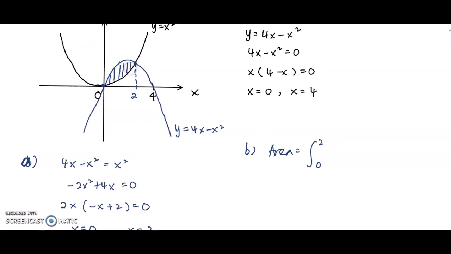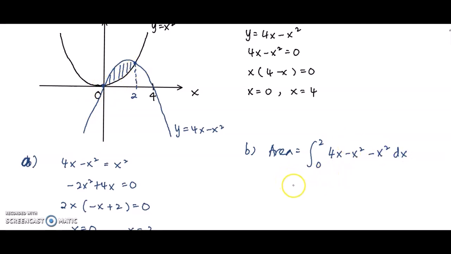This is the area enclosed by the two curves. So now I plan to take the top function, which is 4x minus x squared, minus the lower function, which is x squared. So the integral function will become 4x minus x squared, minus the lower function, x squared.